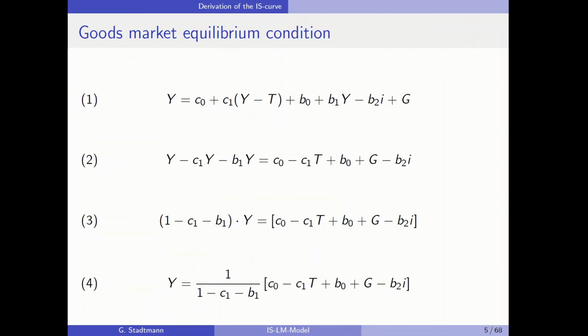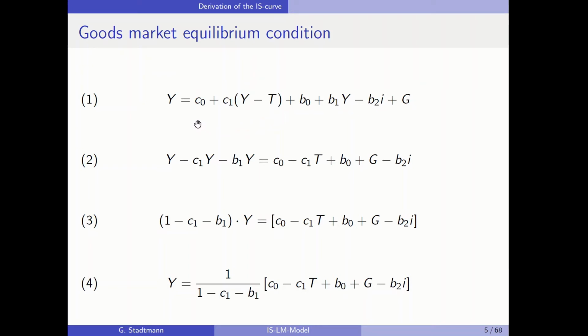Let's have a look at the new goods market equilibrium condition and solve for the GDP variable. In equation 1, we have on the left-hand side goods supply, and on the right-hand side consumption, investment, and government spending.